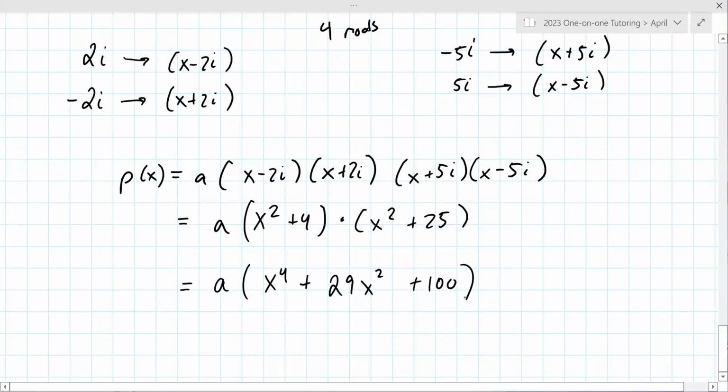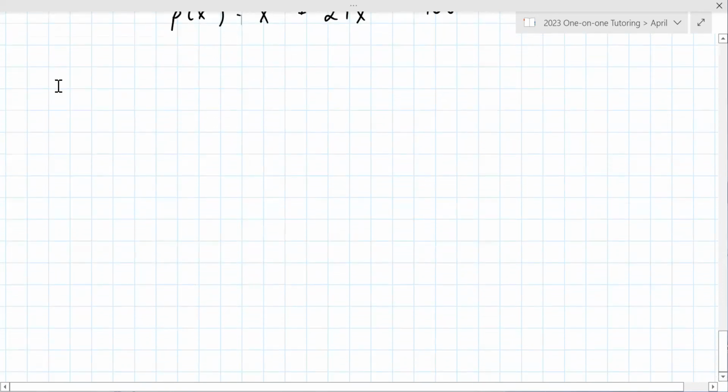Yes. And kind of like the last problem, you can let a equal 1, and then you've got your final answer. Some instructors give you a point on the curve, and then you have to solve for a by using that point. We don't have to cover that unless you think that that could be on there. It doesn't look like it. I would agree.